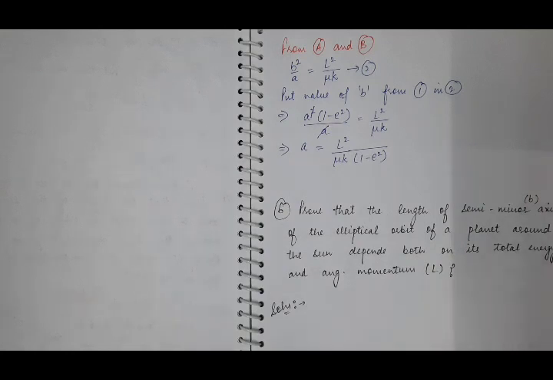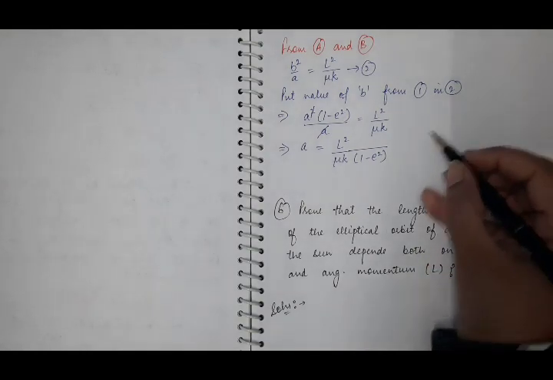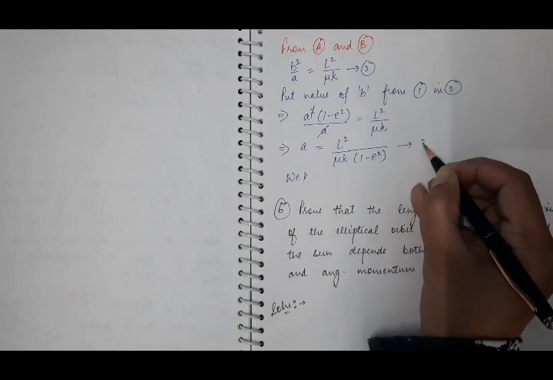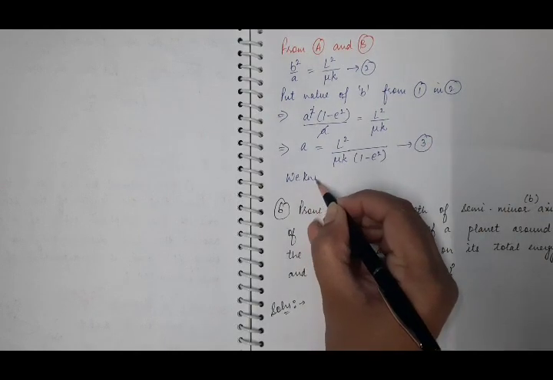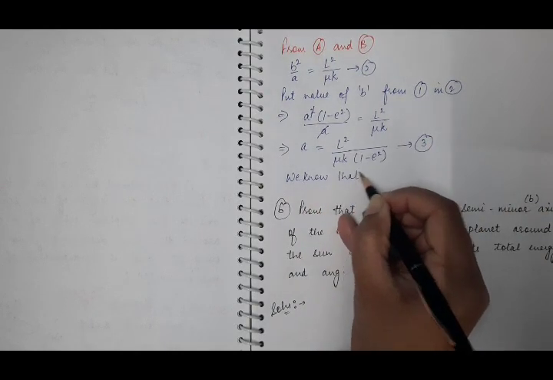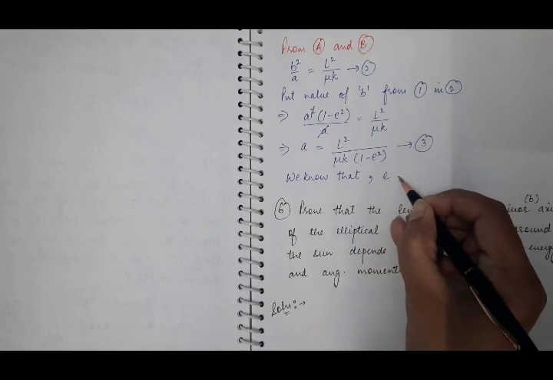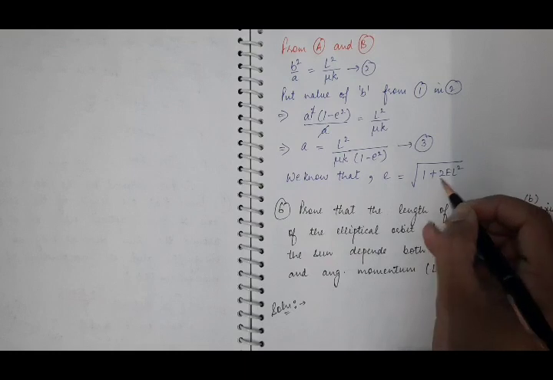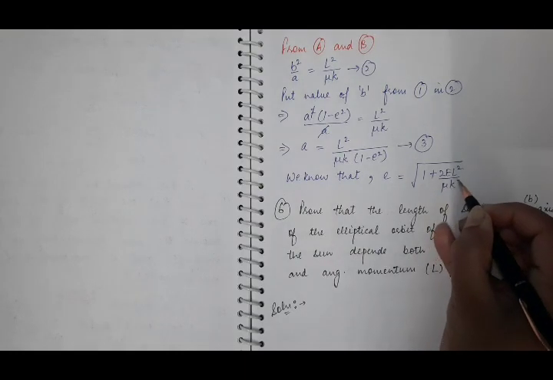We have derived the expression for eccentricity in the article where the particle was moving under the effect of central force. We know that, and suppose this is equation 3, eccentricity E is equal to root 1 plus 2E L square by mu k square.